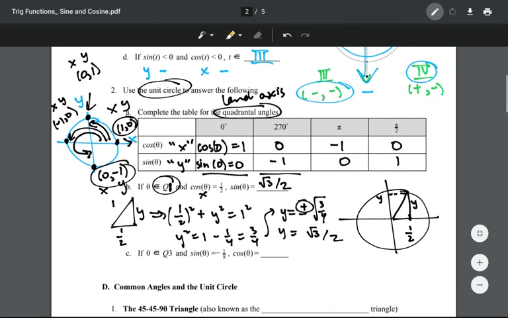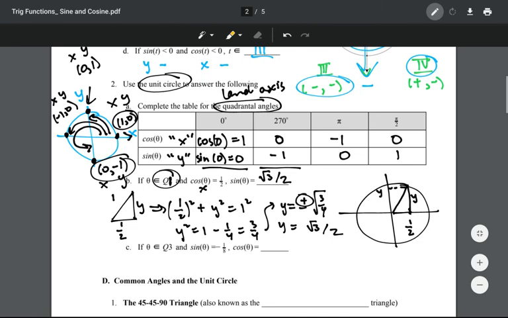Next, we are in quadrant 3. Sine is -1/8. So let me draw myself another picture here. I'm in quadrant 3, where all my coordinates are negative. Sine is my y value, -1/8. So I'm right here. I want to line this up to the unit circle.